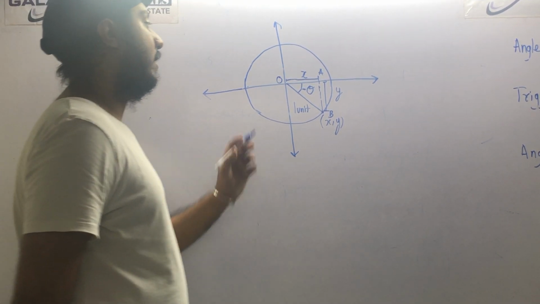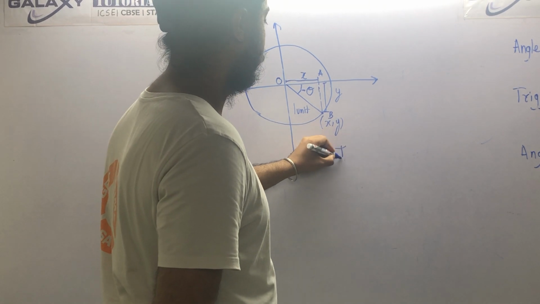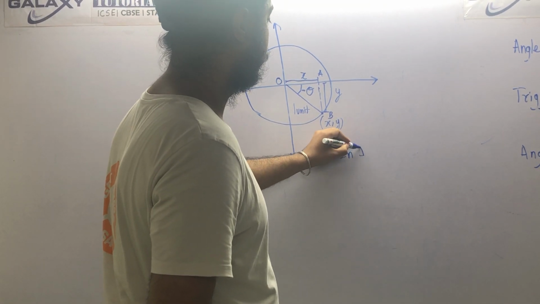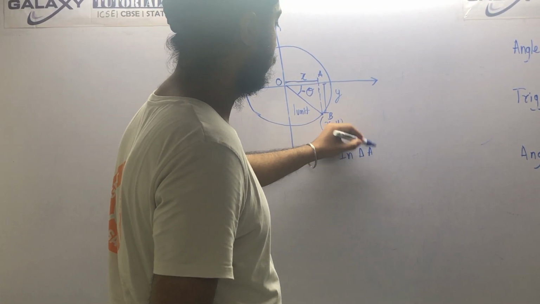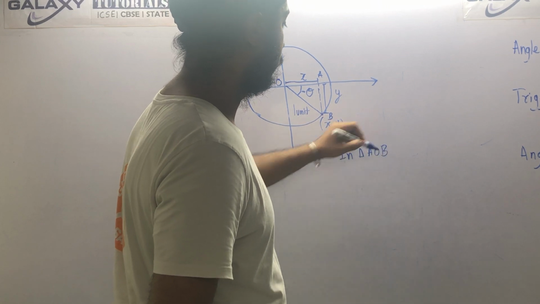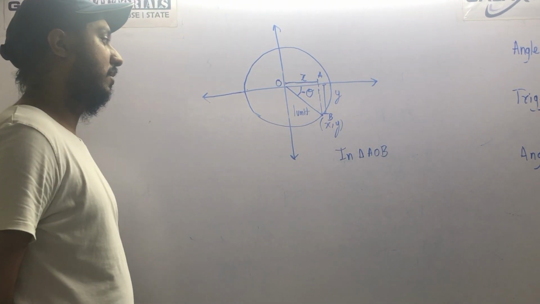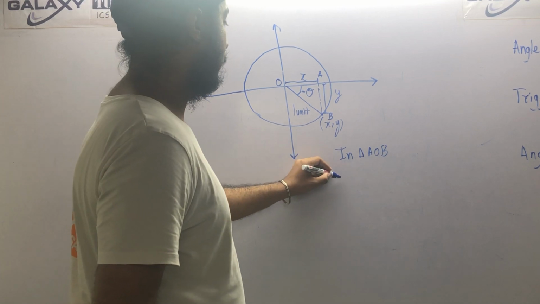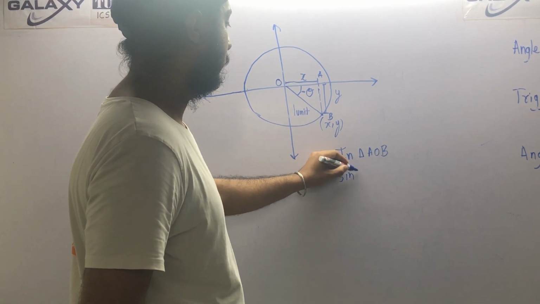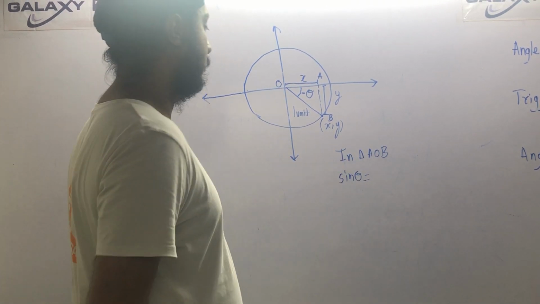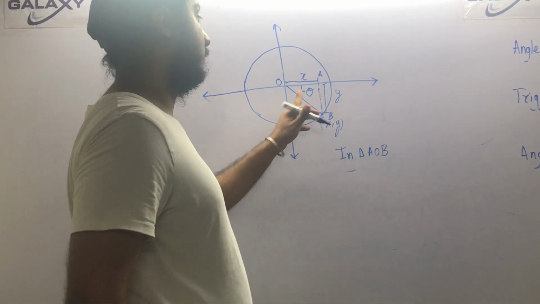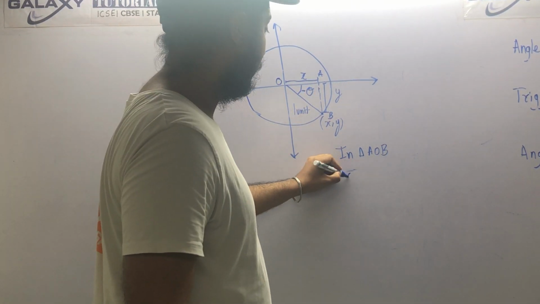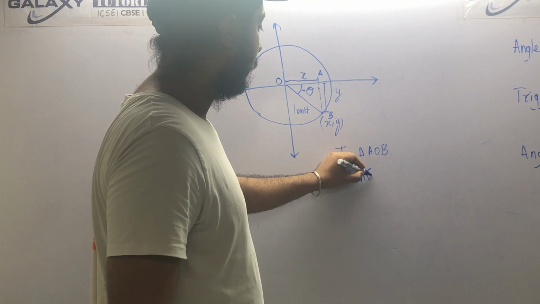Okay, now look in triangle AOB carefully. Sorry, I wrote it wrong. This angle is minus theta. So what will be the value of sine of minus theta?